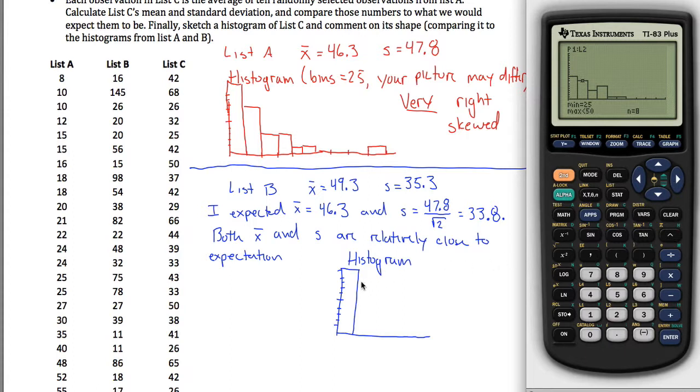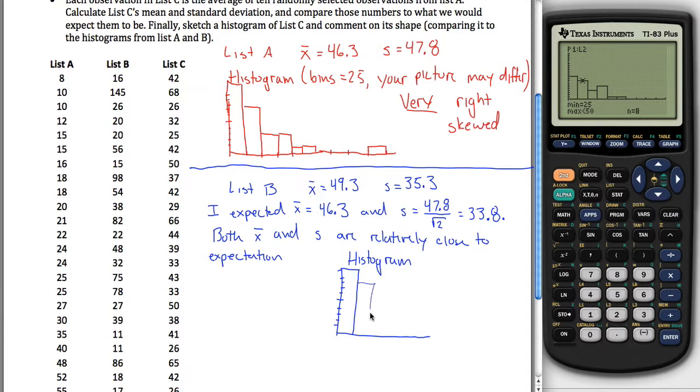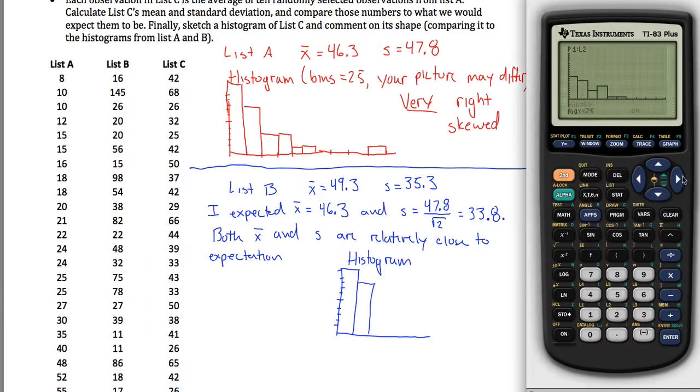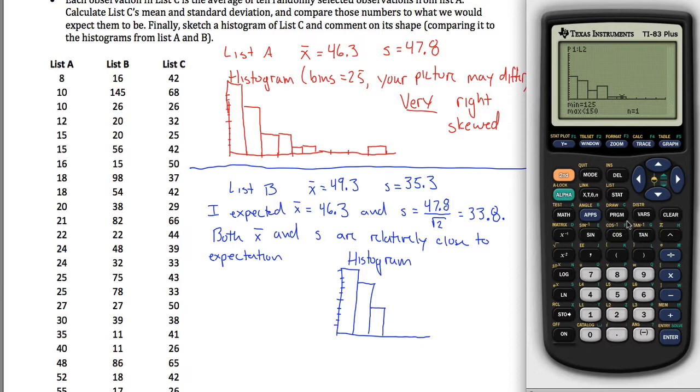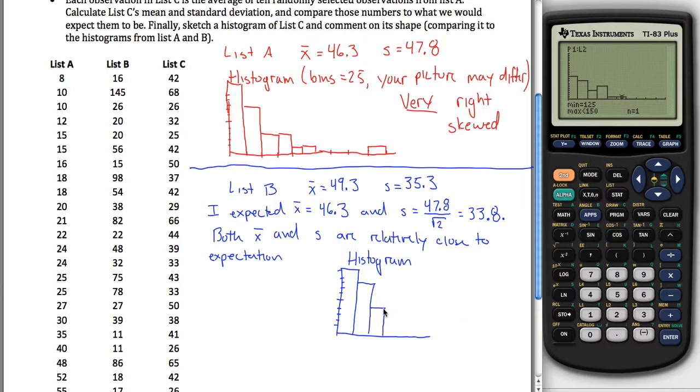From 25 to 50, I had 8 observations. I only had 4 from 50 to 75. And then 6, 1, 1. Okay, so this guy is a little higher, and then these two are pretty low. These are down here at 1. And that's all of them.